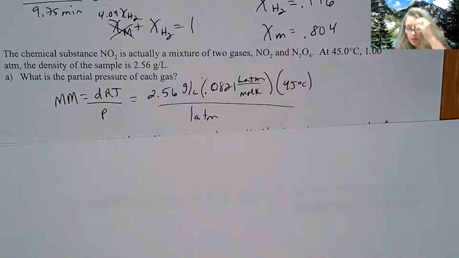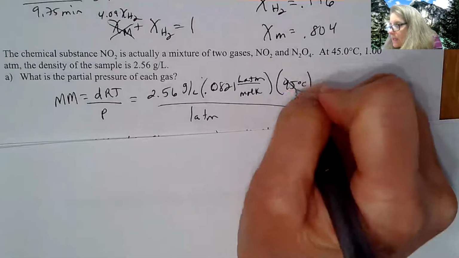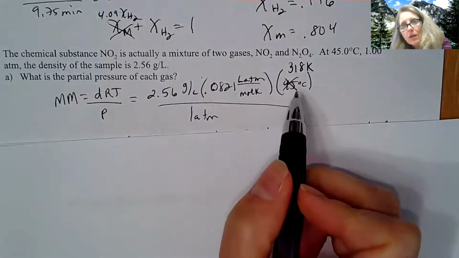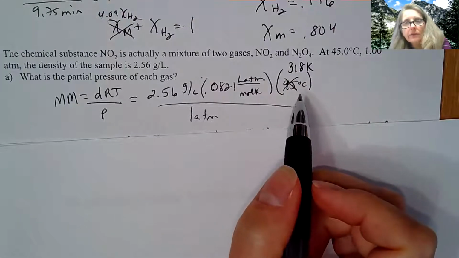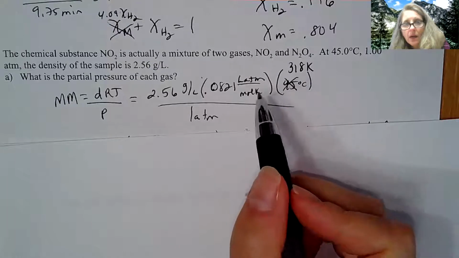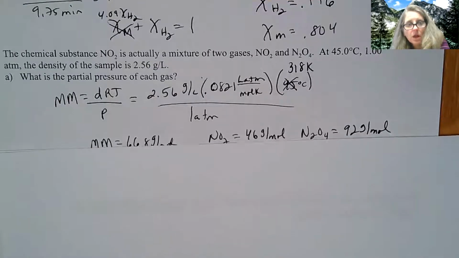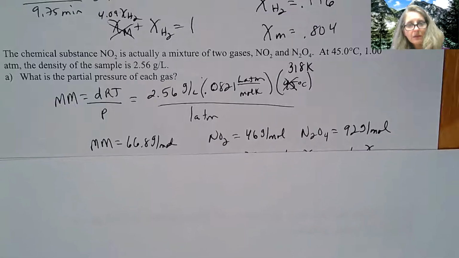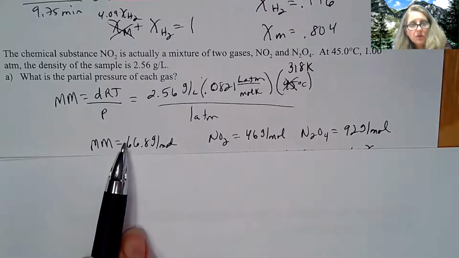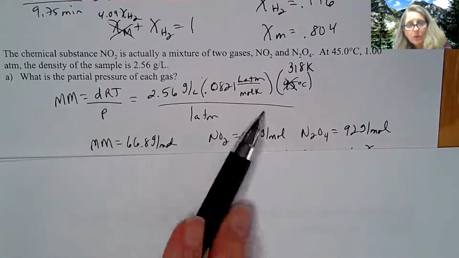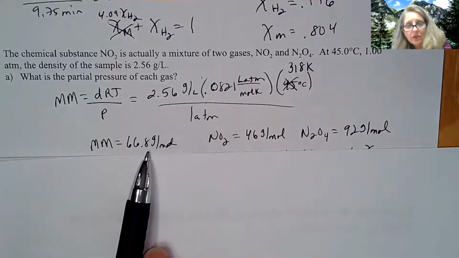The reason I do this is so that you could see me make the mistake and then you don't make the mistake. You always must have all of your temperatures in Kelvin, Kelvin, Kelvin, okay? Otherwise the kelvins will not cancel when you have your R unit. So mathematically it comes out to be, the mixture is 66.8 grams per mole. When you plug this all in your calculator, that's what you get.